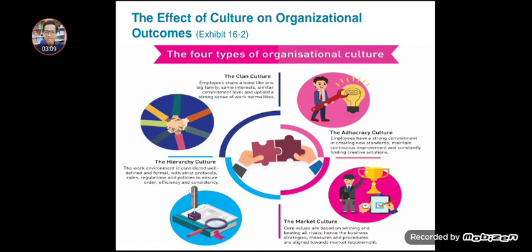It is a culture based on achievement. Employees value communication, competence, and also competition. And the last type, we call it the hierarchy culture, which is based on stability. In this kind of culture, employees value communication, formalization, and also routine.